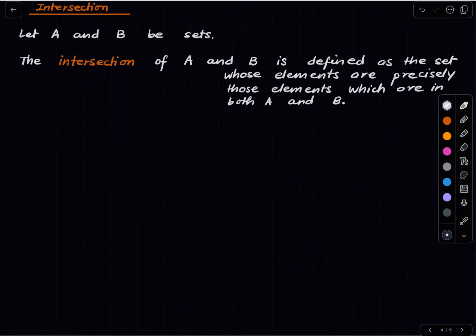In the set builder form, the intersection is written this way: x in A and x in B. What is the notation? We write A, we make an inverse cup, and we write B. Okay, and diagrammatically, how do we represent?